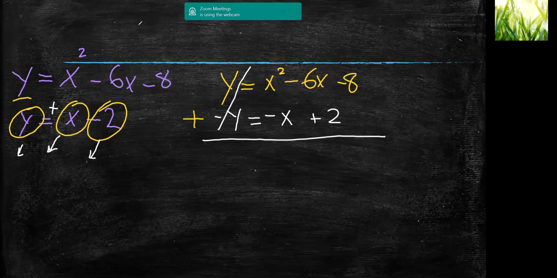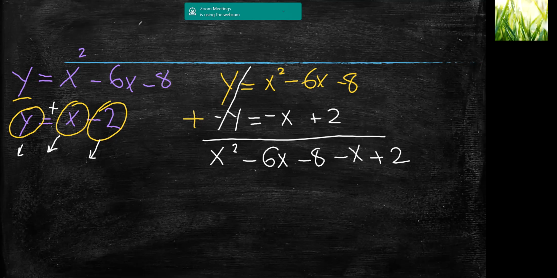So what did we have? We have x squared minus 6x minus 8 minus x plus 2. Add them, equals 0. In the previous lessons, I added them vertically. Here I do it horizontally.